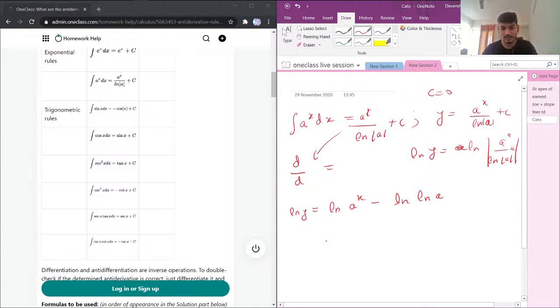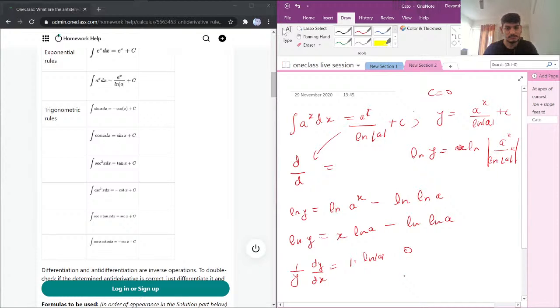Then I can take out the x ln of a minus ln of ln of a. Now I will differentiate this whole equation with respect to x. So this will be 1 over y times dy by dx equals, x will be 1, into ln of a, product rule, and ln of ln of a is 0.